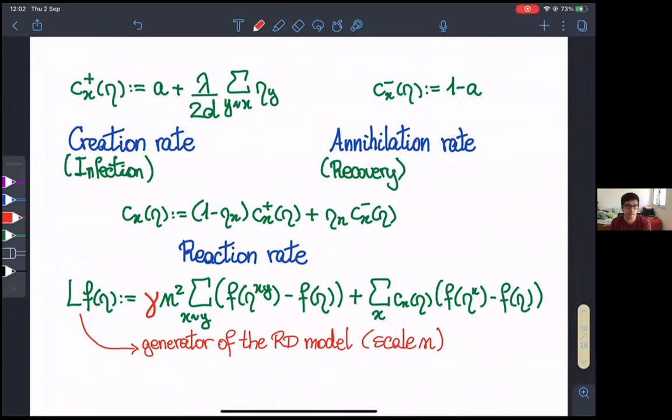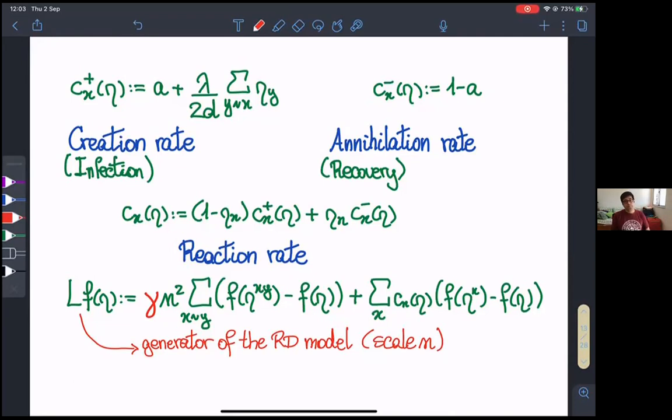It means that a healthy site becomes infected with rate A, and with rate lambda divided by 2d a healthy site is infected by each one of its infected neighbors. And then there's a recovery rate, which I just took equal to 1 minus A.